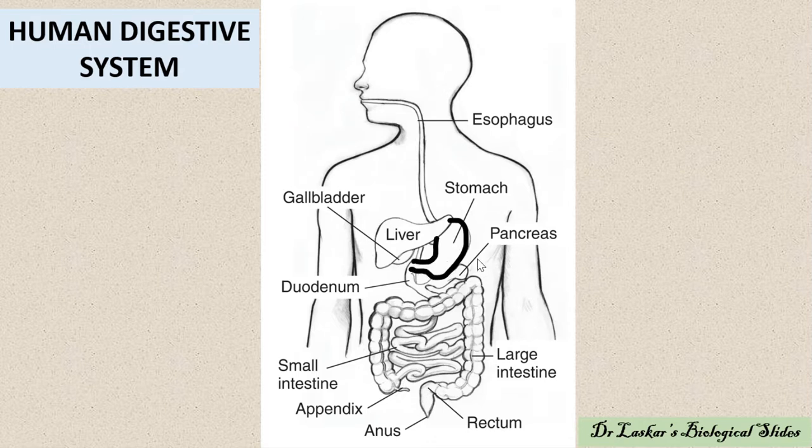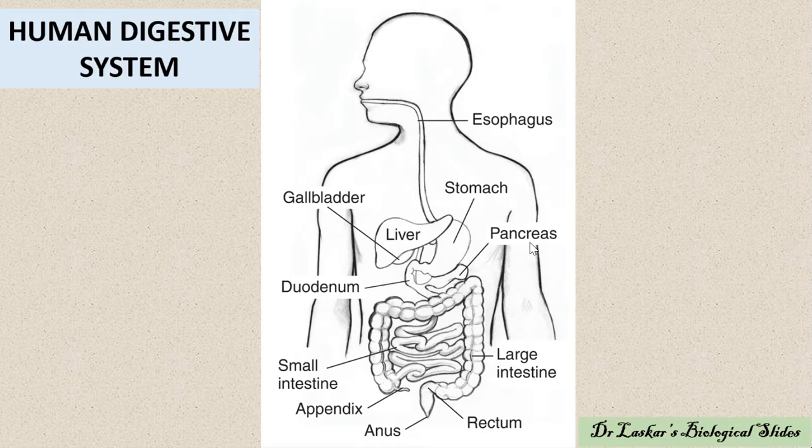These glands have different types of cells like peptic cells or oxyntic cells, mucus cells, argentaffin cells, and endocrine cells or gastrin cells or G cells. These gastric glands secrete gastric juice, in which protein digesting enzymes, and carbohydrate and fat digesting enzymes are present.